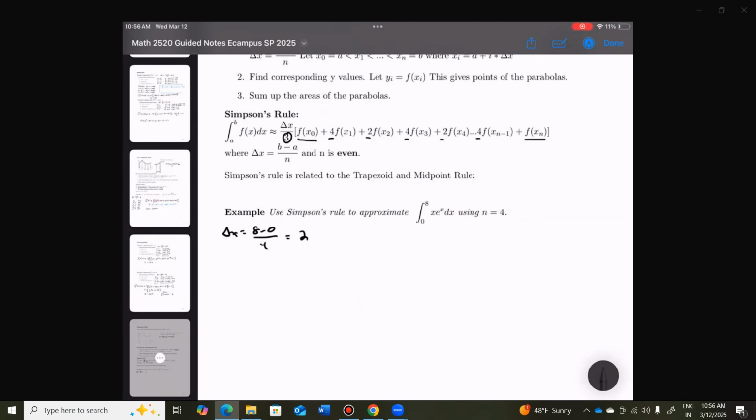Okay, and n is even, so that checks out. So x sub i, x sub 0 is going to be 0, x sub 1 is going to be 2, x sub 2 is going to be 4, x sub 3 is going to be 6, and x sub 4 is going to be 8.